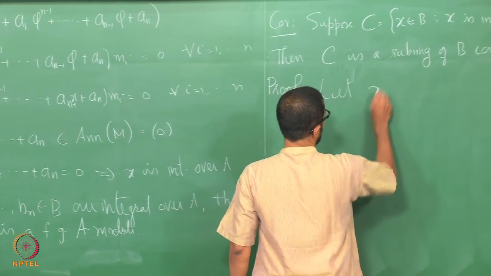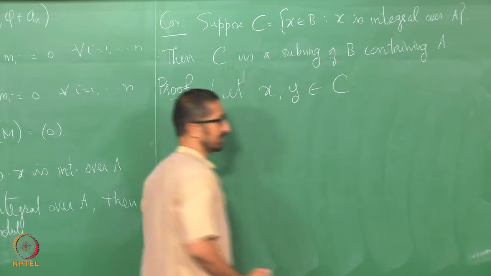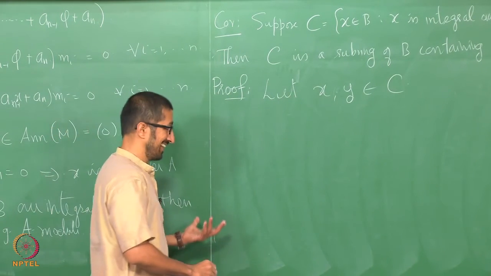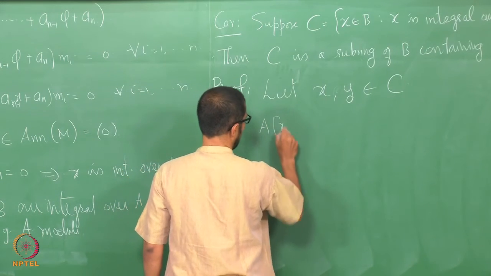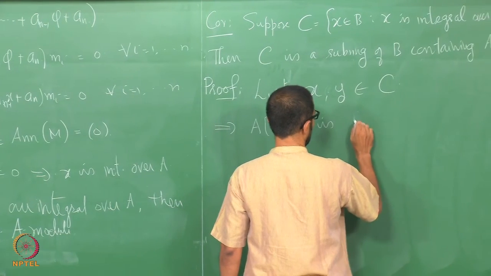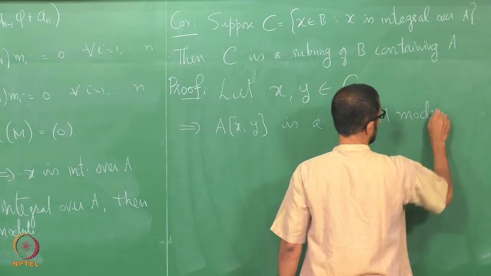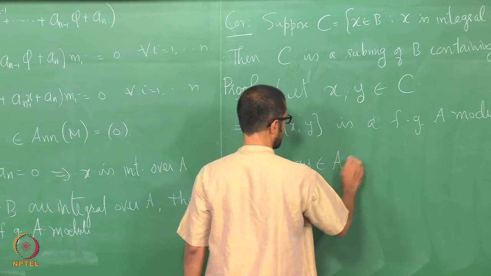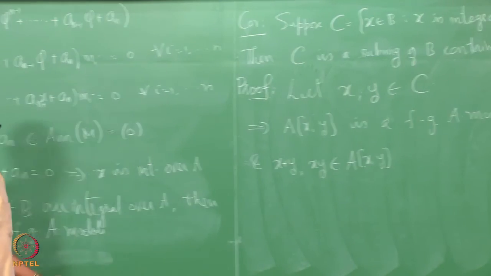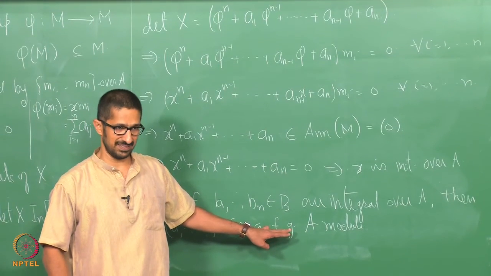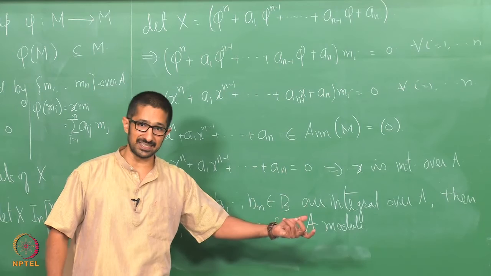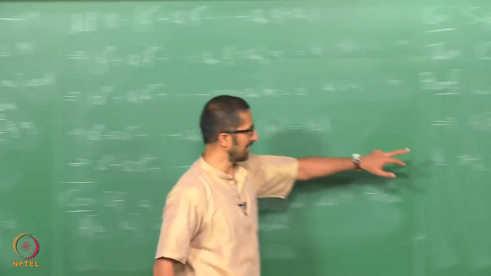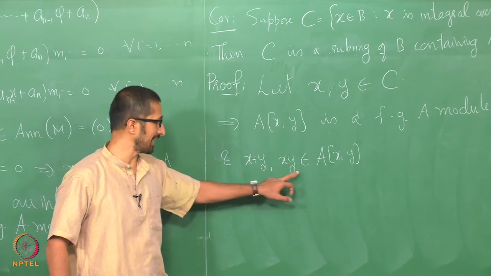So, if I take x, y in C, they are integral over A, so this implies that A[x, y] is a finitely generated A-module. This one contains x plus y and xy, and by the third property that we proved in the last proposition, if there exists a finitely generated A-module containing x, then x is integral over A. So, here I have a finitely generated A-module containing x plus y as well as xy.